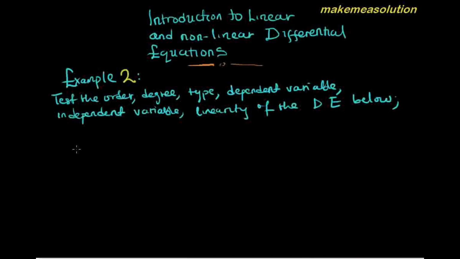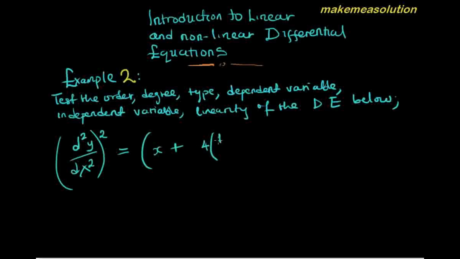We have d squared y by dx squared all raised to the power of 2 is equal to x plus 4 dy by dx all squared, raised to the power of 2 over 3. Of course, we want to find the order, degree, type, dependent variable, independent variable, and the linearity of this differential equation. So let's dive in quickly.